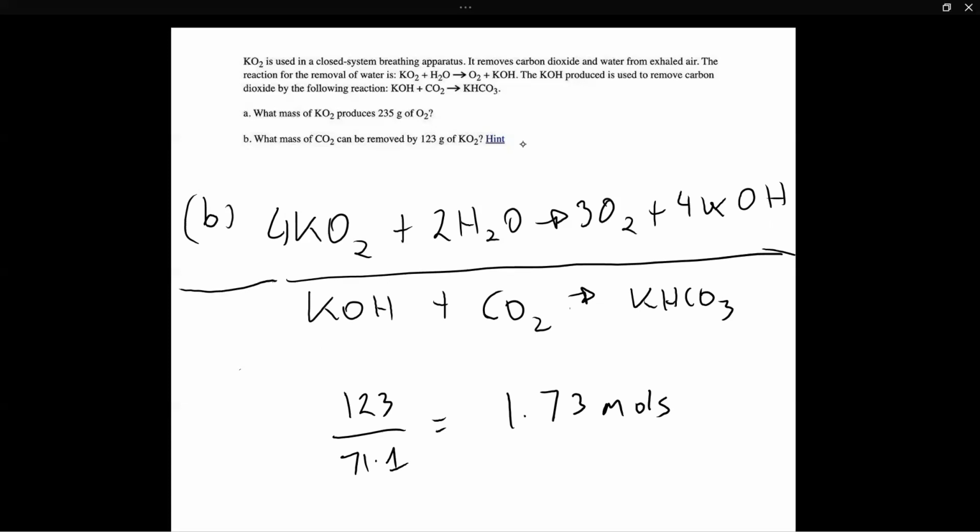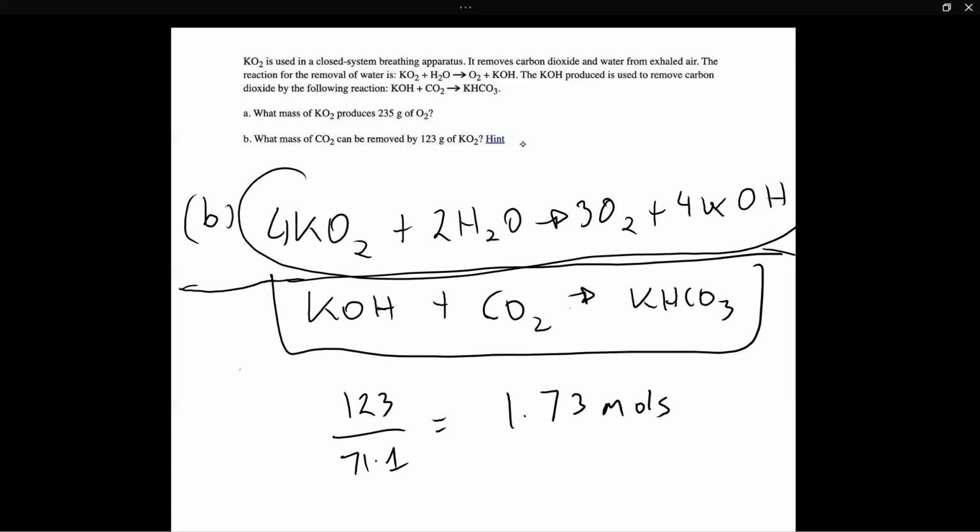They're separate. They are not connected. They are interlinked in one way because the KOH produced in this reaction is used to remove CO2 in the next, but the stoichiometric ratios are not the same. CO2, which is a part of the second equation, is not involved in the first equation. And this equation is separate from this one over here. So just keep that in mind.